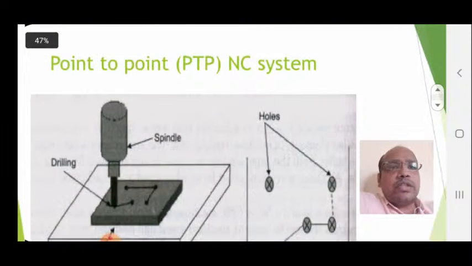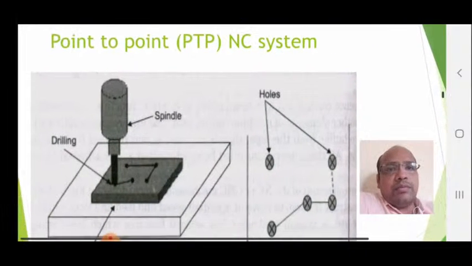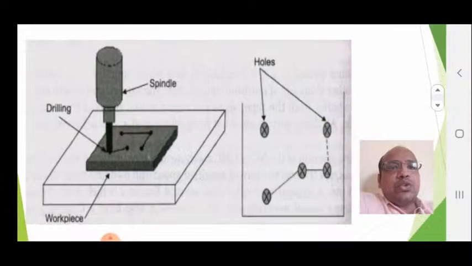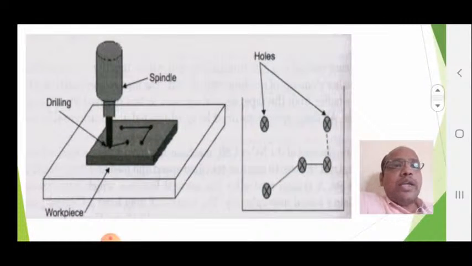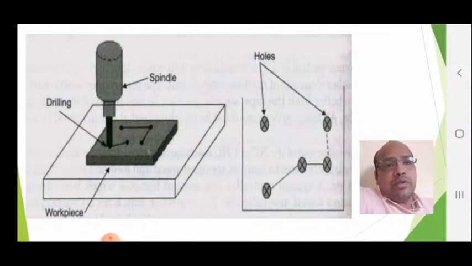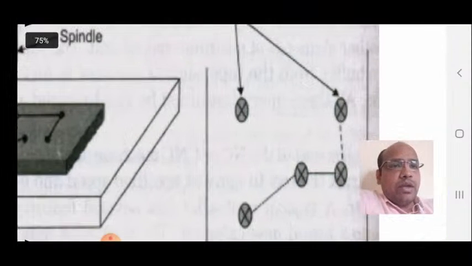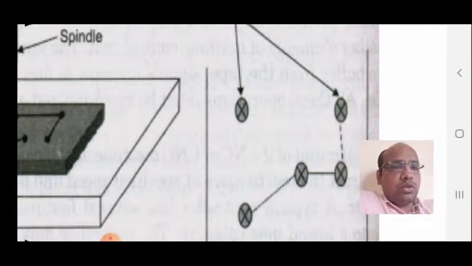So first one is a point to point ENC system, PTP. In this point to point ENC system, coordinates or workpiece moves from one point to another point in a linear motion. You can see this diagram. So these points indicate motion direction of workpiece.